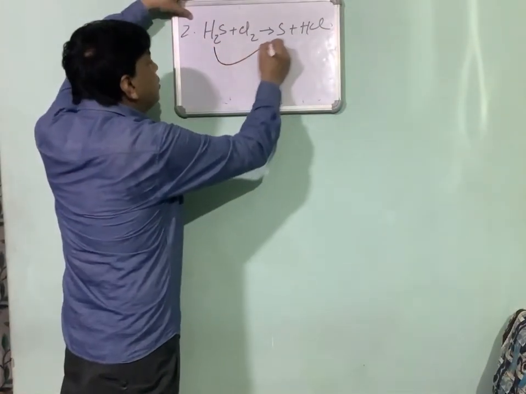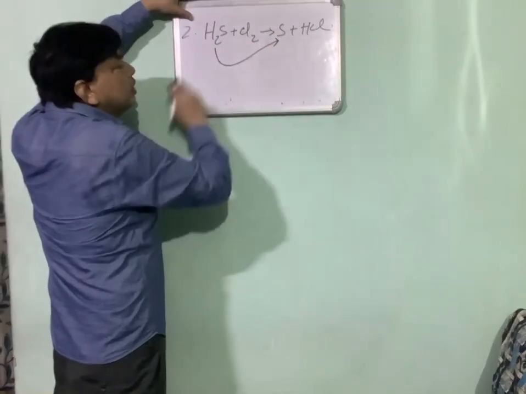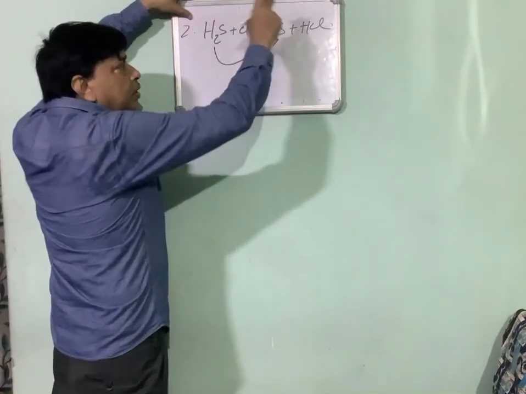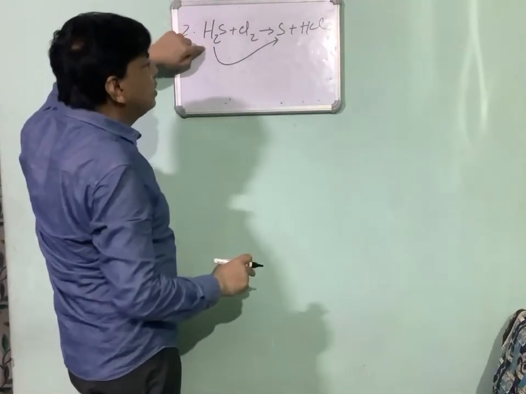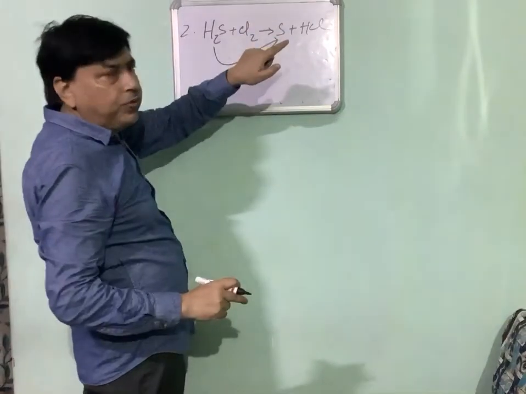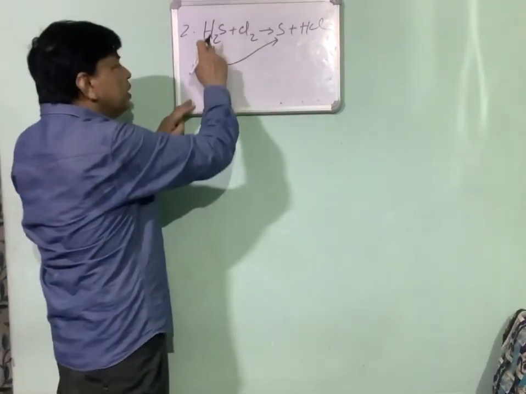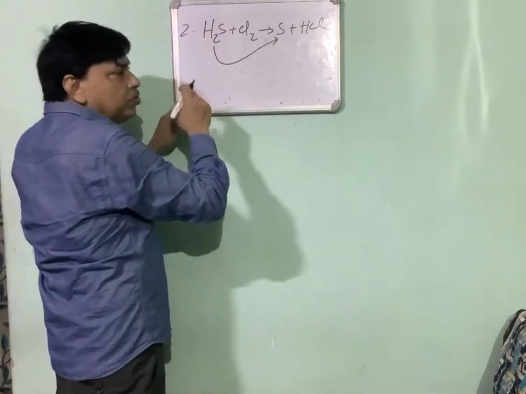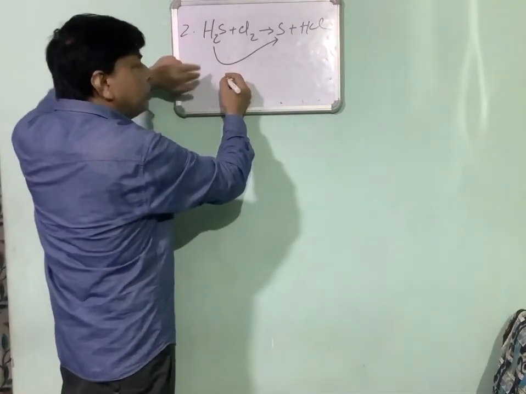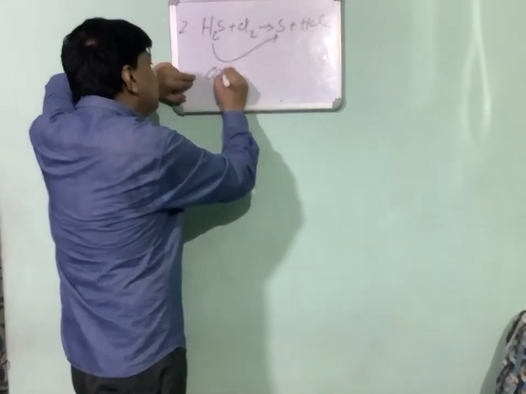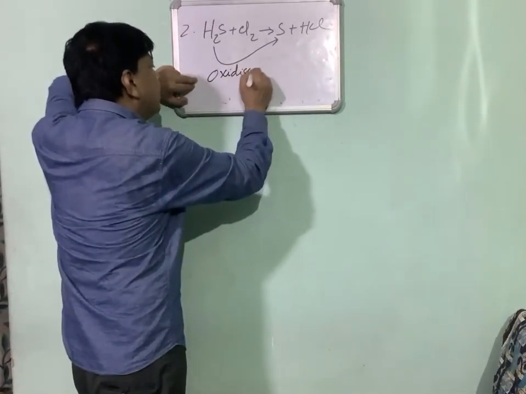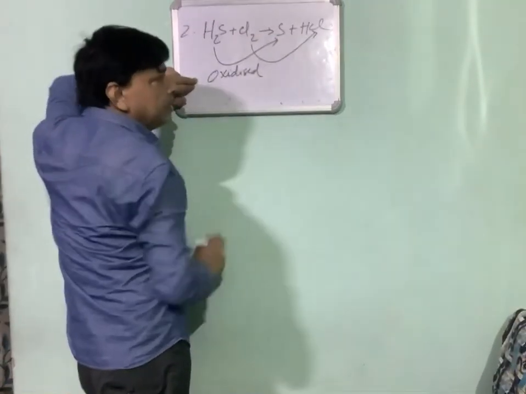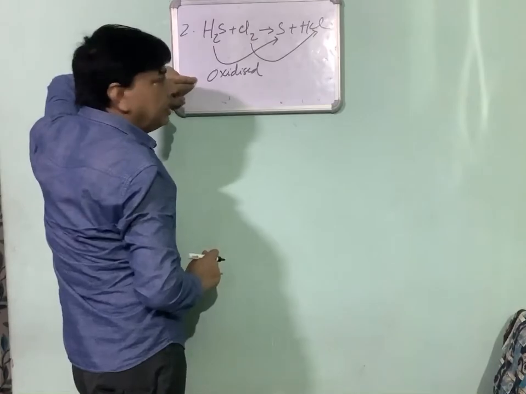Hydrogen sulfide to sulfur, hydrogen is removed from hydrogen sulfide. So removal of hydrogen is known as oxidation. So hydrogen sulfide is oxidized, and in Cl2, hydrogen is added. So addition of hydrogen is called reduction.